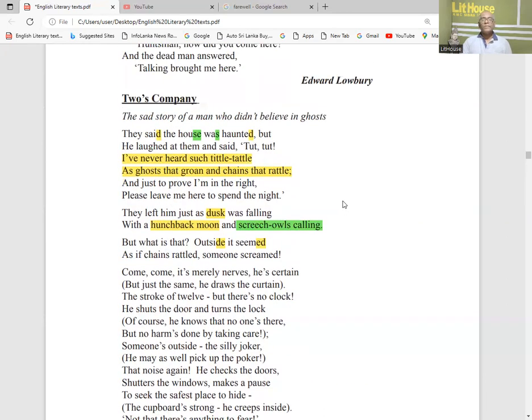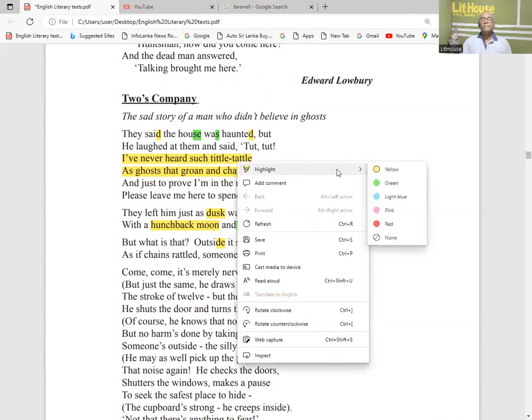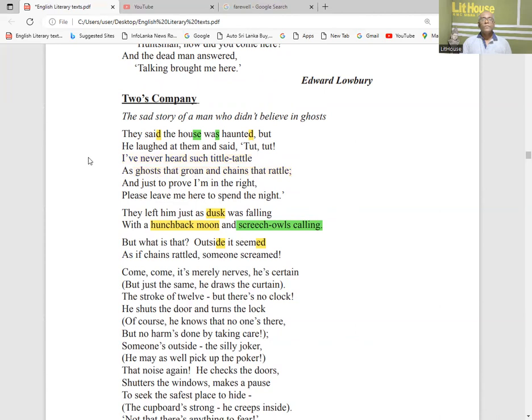Second sound device, alliteration. Caught the line as ghosts that groan and chains that rattle.